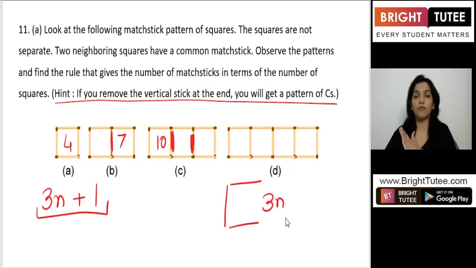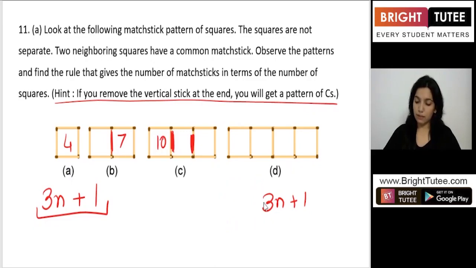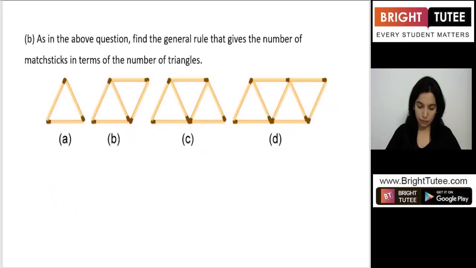Any number you put for n, you'll multiply it by 3 and you'll get the pattern for C. Now, if I add just one more to this, I'll get this fourth step. So I form a square, and thus 3n plus 1 is the expression for this particular pattern. I hope it's clear. n is the variable and 3n plus 1 is the complete expression for any number of squares that can be formed.